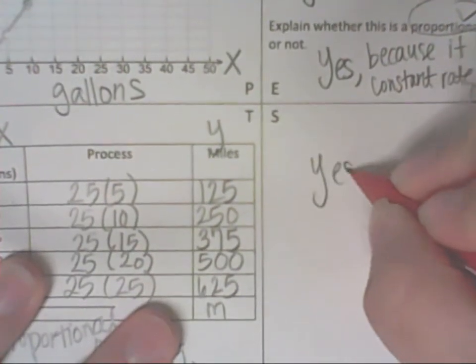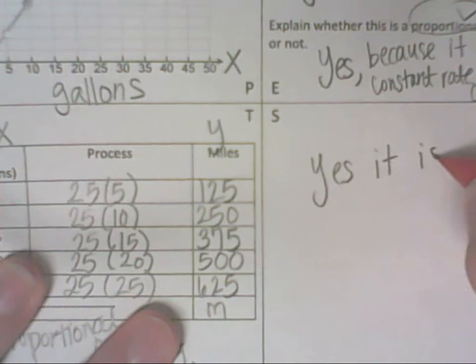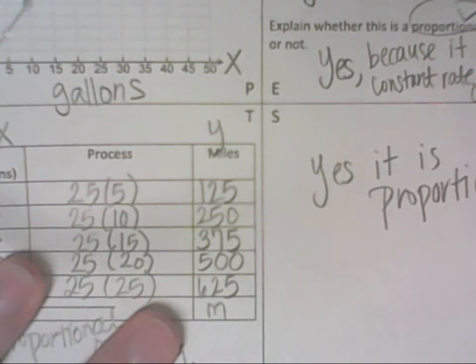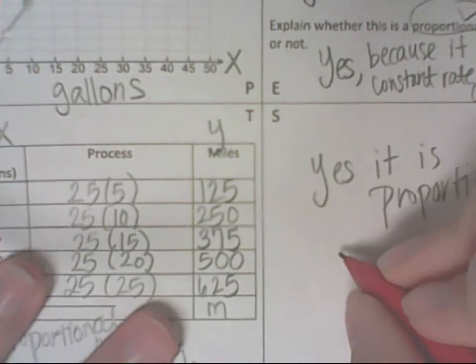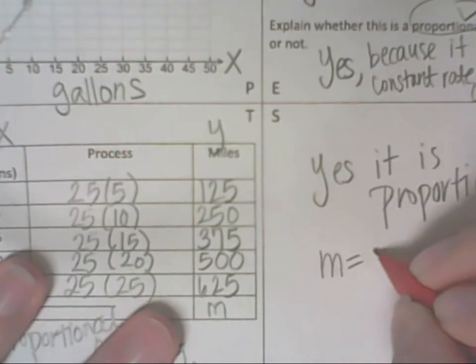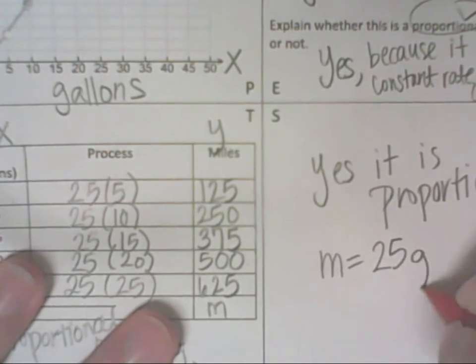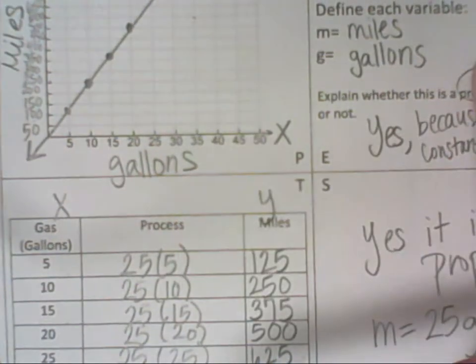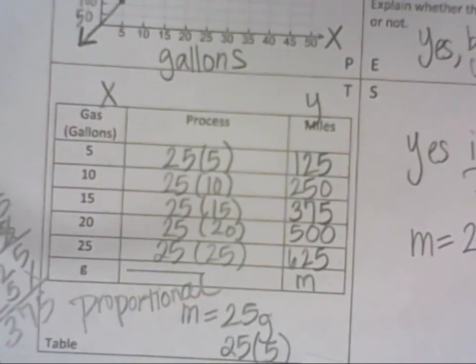And our statement, we're going to say that yes, it is proportional. And we've checked it, and here is our equation that we are going to use. And we know why it's worked because we verified that 4 different ways.